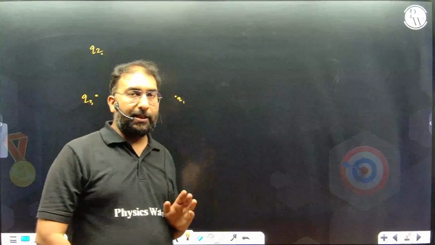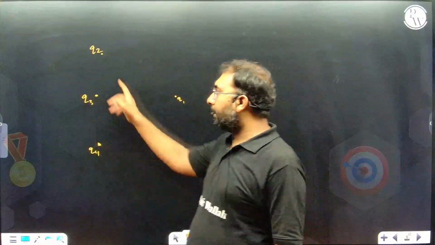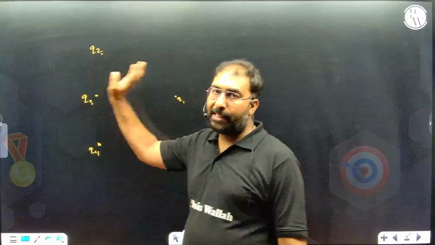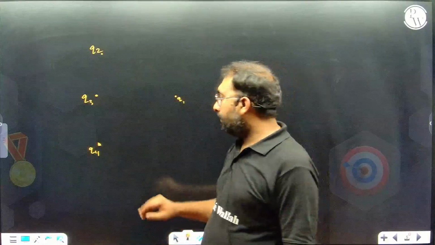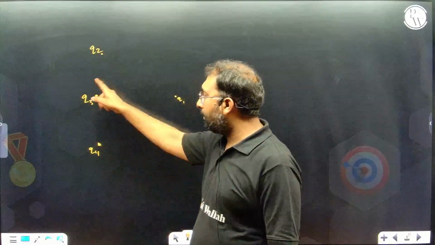The idea is very simple. You write down the force on 1 because of 2, forgetting about the presence of Q3 and Q4. You have to forget about all the other charged particles. You just consider that Q2 is the only particle placed here. Write down the force on 1 because of 2. Then forget about Q2, Q4 and all other particles and just consider that only Q3 is present.